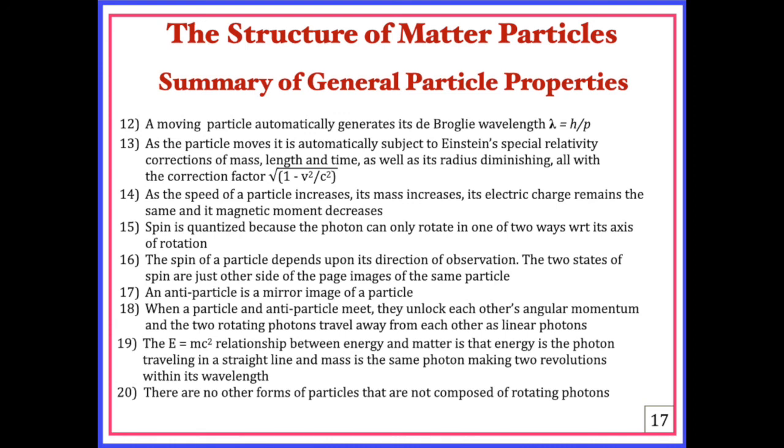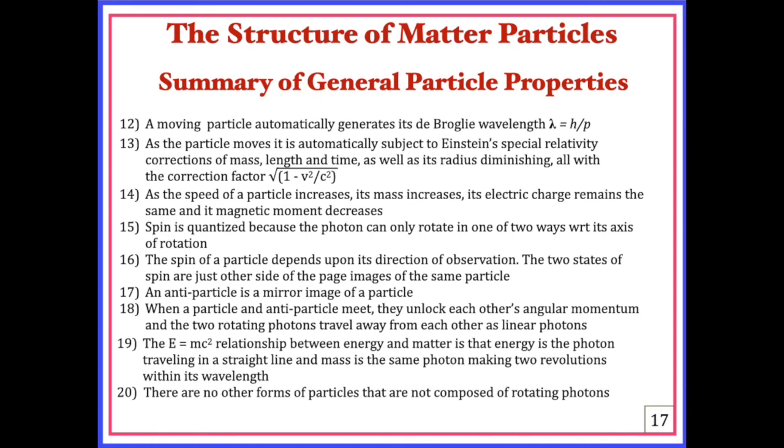When a particle and antiparticle meet, they unlock each other's angular momentum, and the two rotating photons travel away from each other as linear photons. The relationship E equals mc squared between energy and mass is that energy is the photon traveling in a straight line. Mass is the same photon making two revolutions within its wavelength.